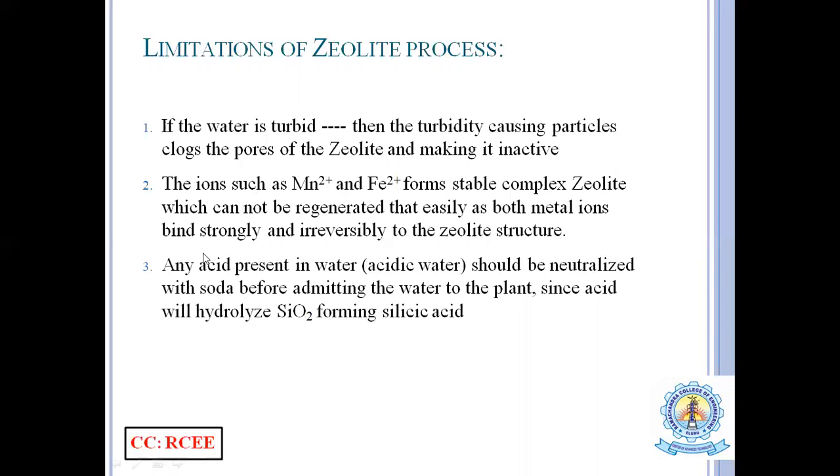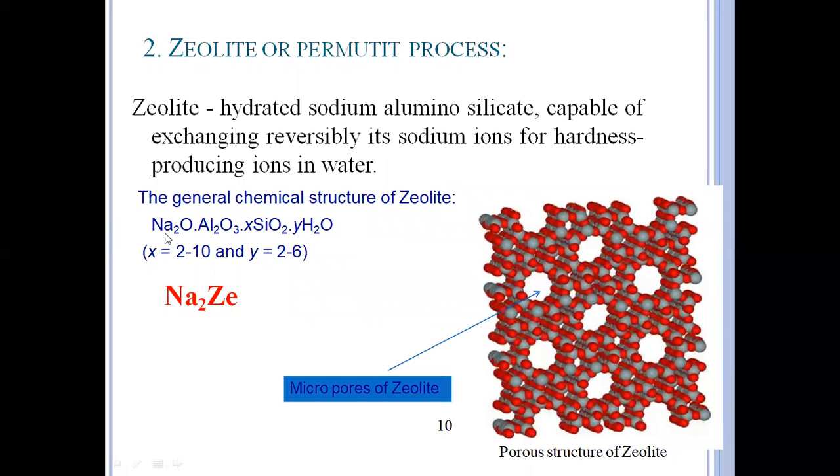And followed by, if any acidic water is treated using the zeolite bed, it should be neutralized with soda before admitting it to the plant, since the acid hydrolyzes the SiO2 and forms silicic acid. We already know the formula of the zeolite bed is Na2O.Al2O3.xSiO2.yH2O.